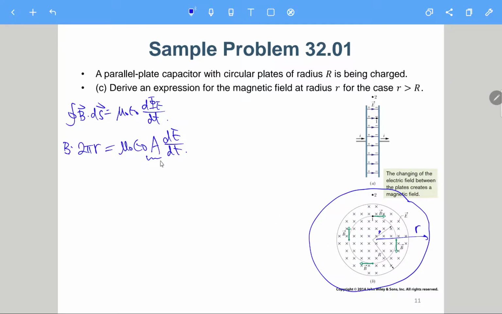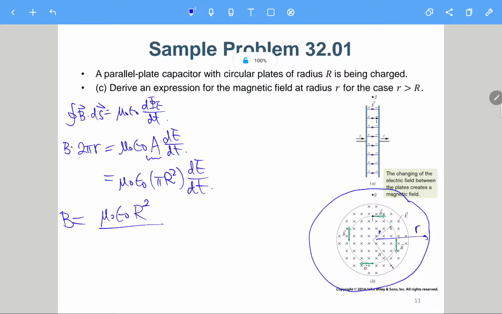In this case, this A should be pi capital R squared rather than small r squared. So B should be mu naught epsilon naught, pi and pi cancel, and we have R squared over 2 small r times dE dt.